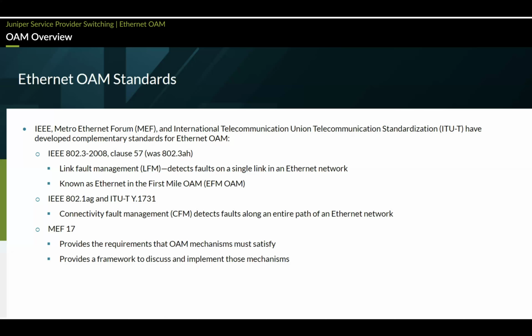Another IEEE method is 802.1ag, along with ITU-T Y.1731, which is connectivity fault management, called CFM. It is used to detect faults along the entire path of an Ethernet network.